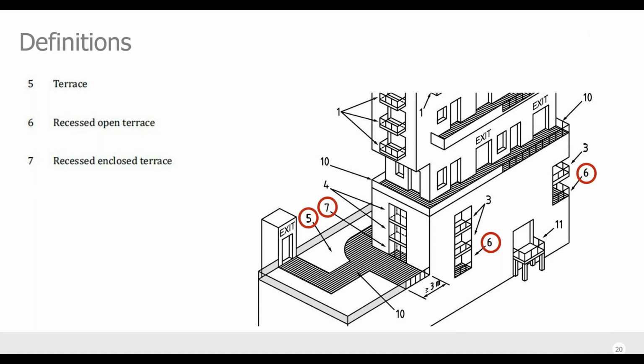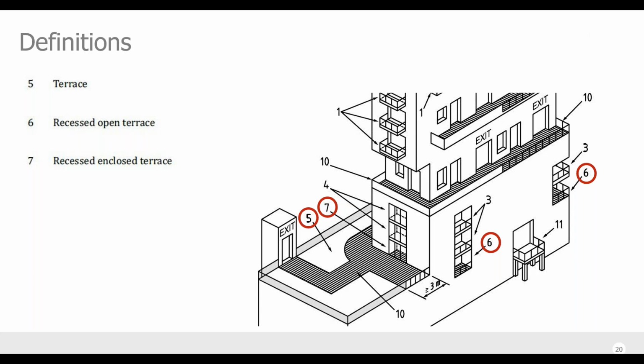So if you look at number 5, that's deemed to be a terrace in terms of the text within the standard. Number 6 is an interesting one because some people would call number 6 a balcony.